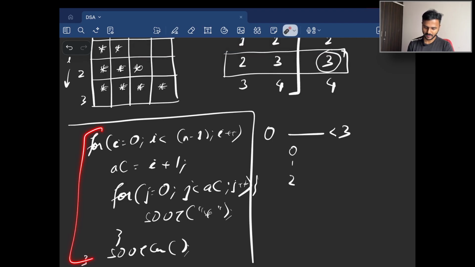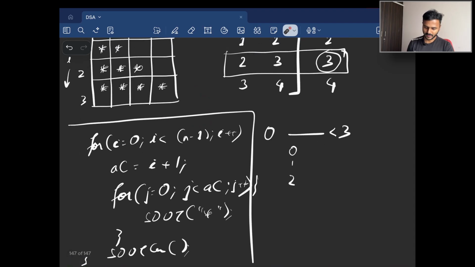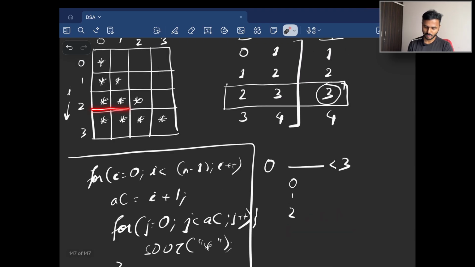So this loop will take care of printing this pattern, right? So over here for I equal to, say, 2, AC will be 3, and we are going from 0 to 3, so 0, 1, 2, actually from 0 to 2. So 3 asterisks. For I equal to 2, we'll print 3 asterisks, which is what we need.